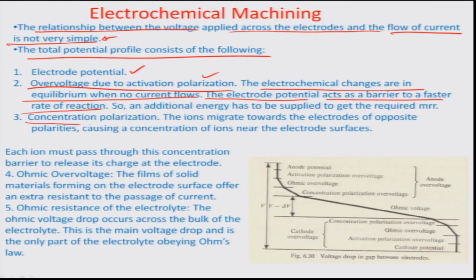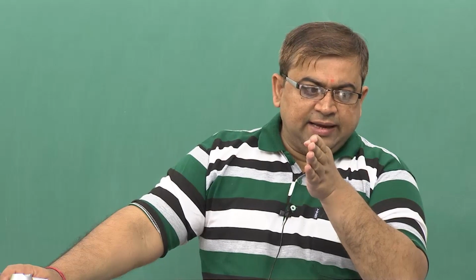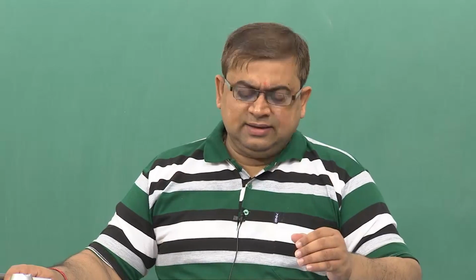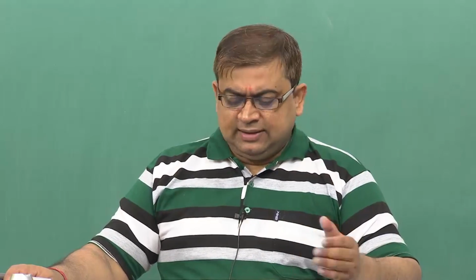Then we have something called concentration polarization. Obviously, the ions migrate towards the electrodes of opposite polarities and cause a super concentration of the ions near the electrodes. I had given a very clear illustration when we were discussing this dual layer: if you look at the concentration polarization, the diffusion of the ion goes slower and slower as it goes near the electrode, because there is going to be an accumulation of the ion of the opposite kind just near the electrode, and it creates some kind of an ionic barrier for the other ions to migrate.